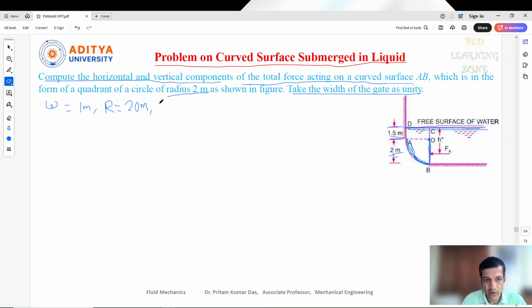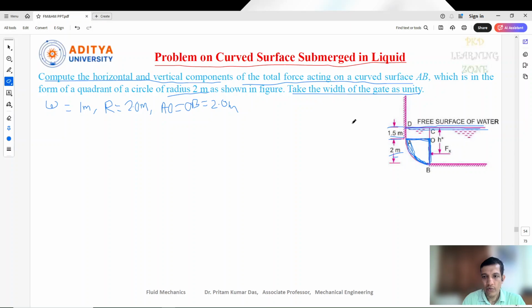Also, the distance from A to O, because the radius is given, so the distance from A to O or O to B will both be the same. So we can write AO, or OB, equal to 2 meter. So these are the data given.